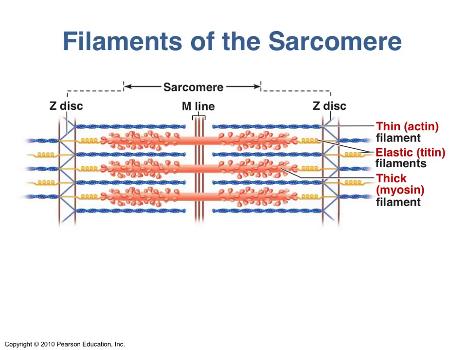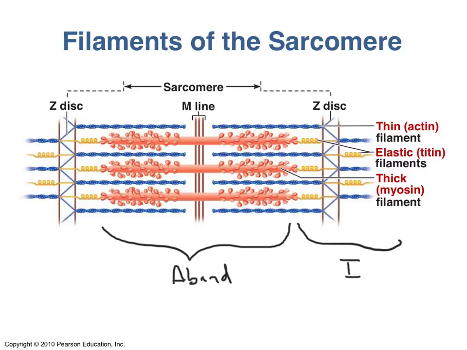You have the A band there, and you have I bands at either end of the sarcomere. In the center of the A band, you have a line called the M line, which is again made up of accessory proteins.